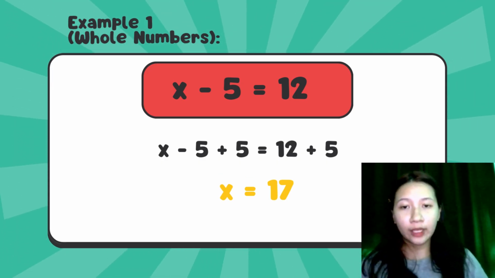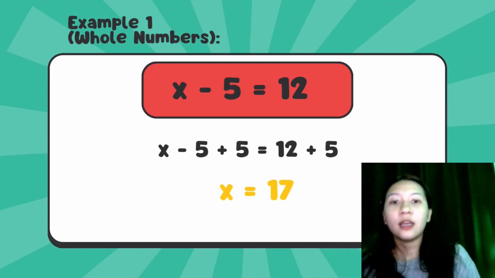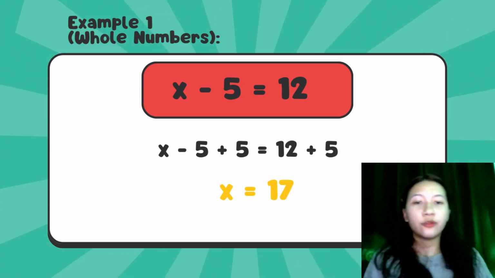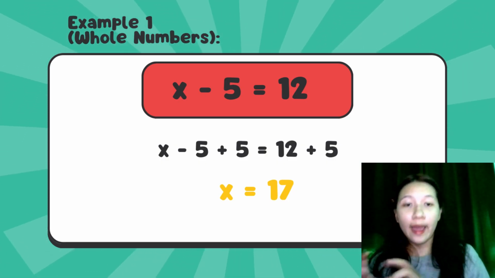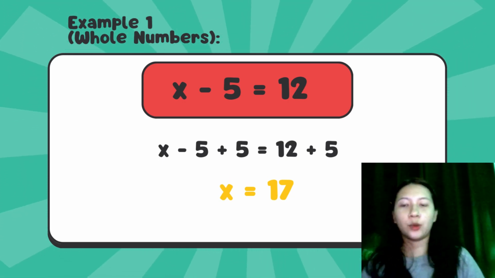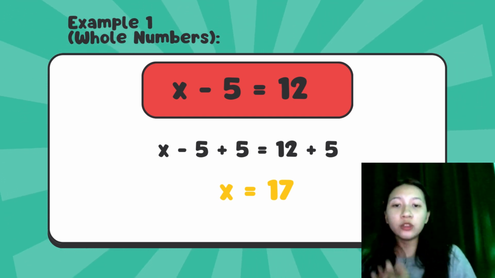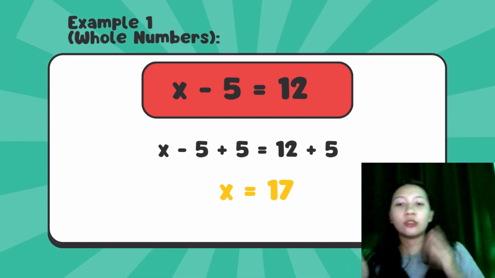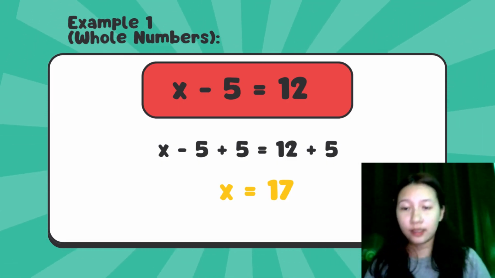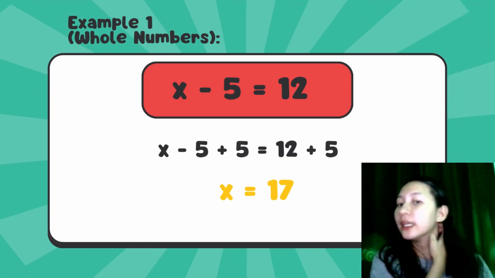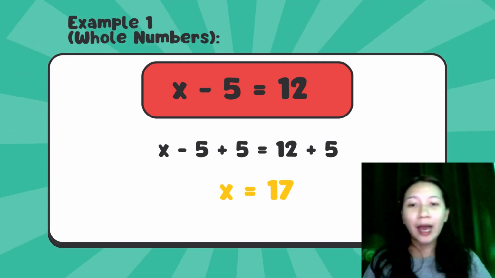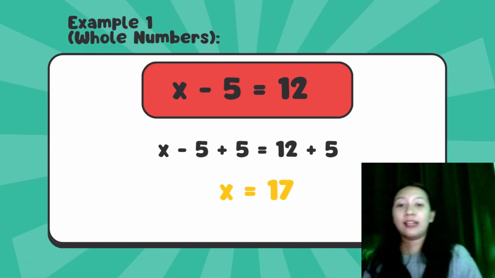Think of it like this: something minus 5 equals 12. To find the something, or the x, we need to add the 5 back. So we add 5 to both sides, to the left and to the right of the equal sign, to keep it balanced. What we have is x minus 5 plus 5 equals 12 plus 5.